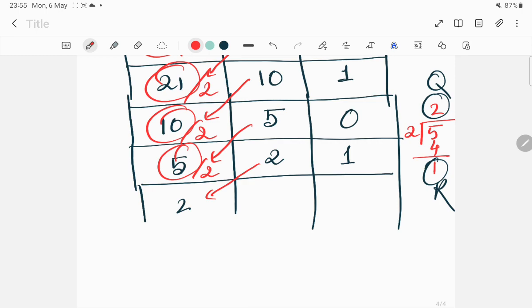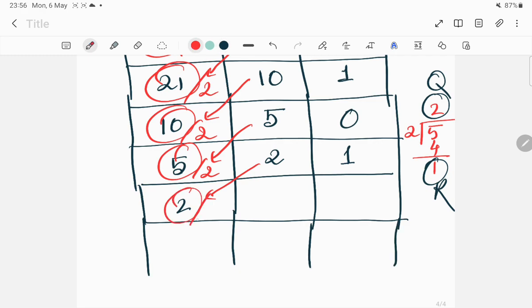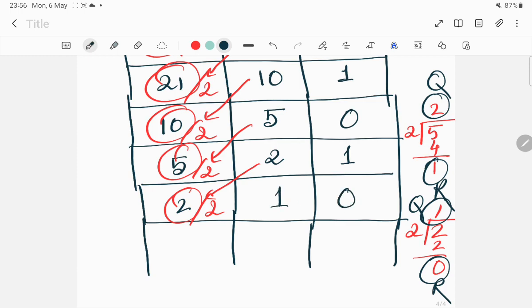And now the next step is 2 will be divided by 2. So when 2 is divided by 2, 2 1s are 2, remainder is how much? 0. So in this case, 1 is the quotient and 0 is the remainder.